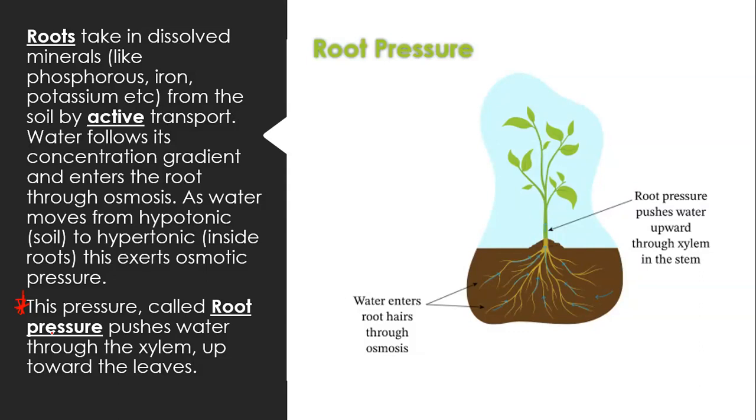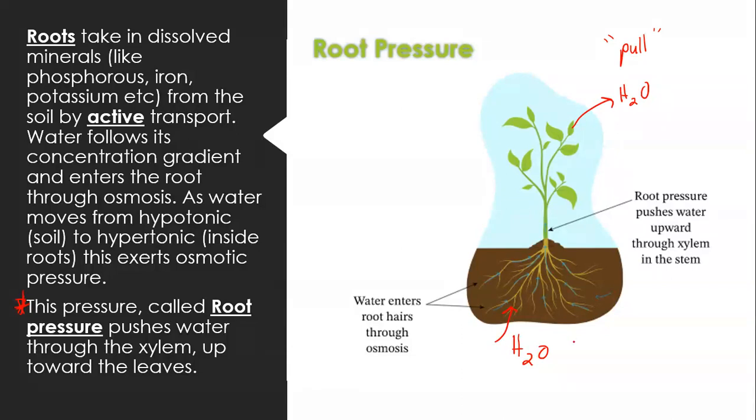But also the plant will actively transport this stuff into the root as well, and that will draw more water in. So what happens is you have water, okay, in the soil, and the water is being drawn into the root through osmosis. Okay, that generates a push. There's a pressure there. So water molecules are being pushed into the roots, and water is leaving through the leaves. This is a pull, right?